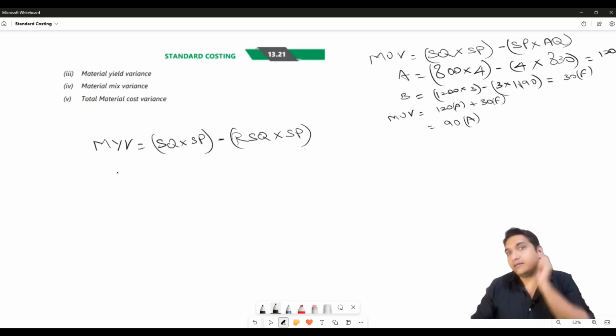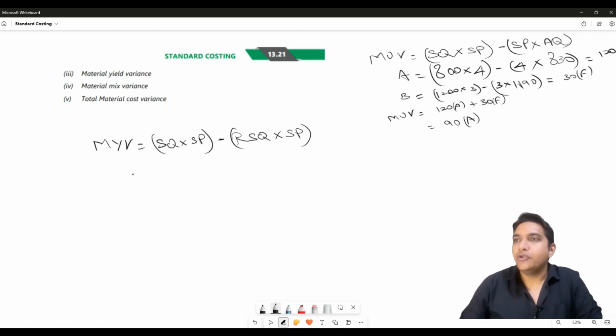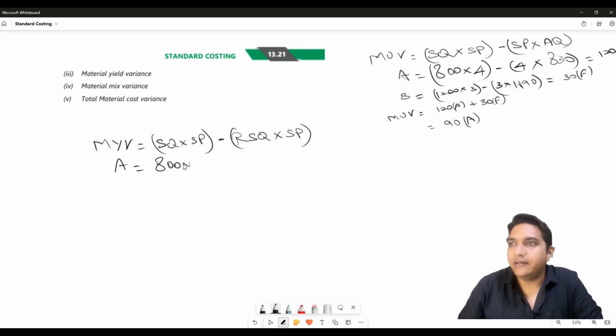Here again we do it for both A and B. Let us compute for A first. What is our standard quantity? 800. What is our standard price? 4. What is our revised standard quantity?